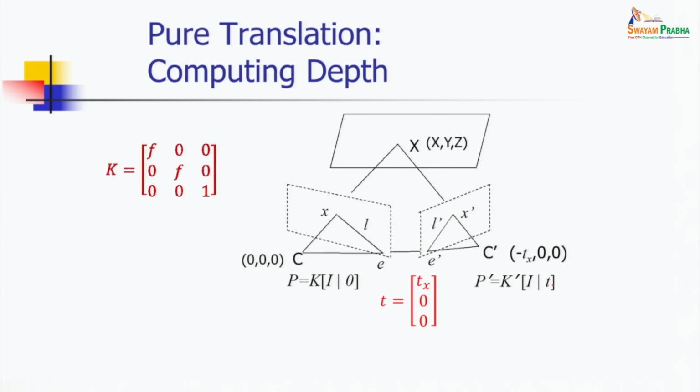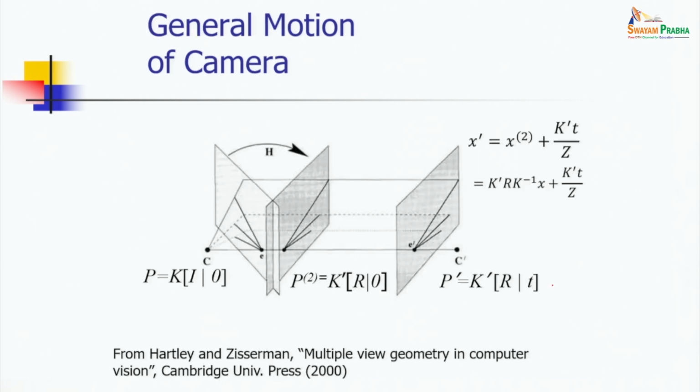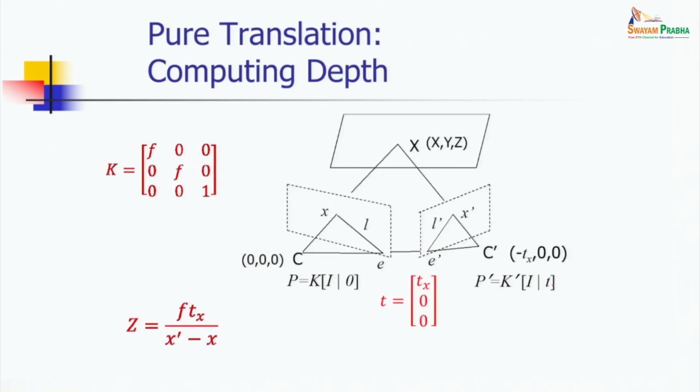Now if K is considered in a simpler form, that means only a diagonal matrix, and say the image planes are placed at a focal length f. So this expression becomes f dx over x prime minus x, and this is a very familiar expression.